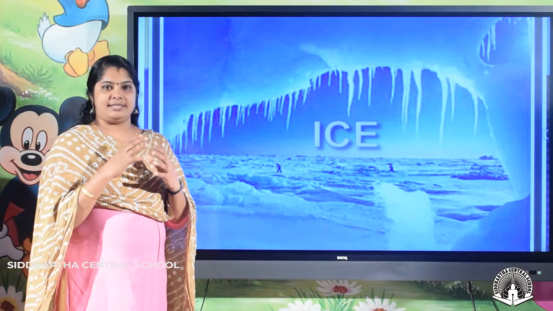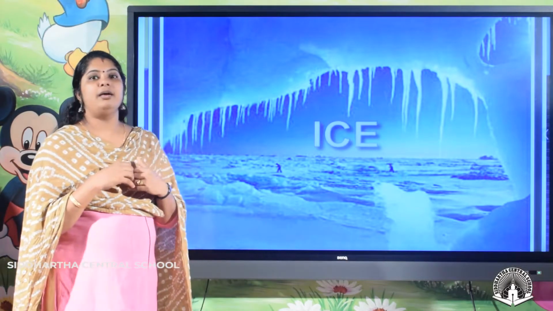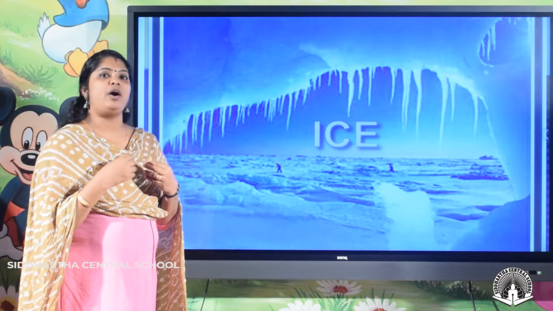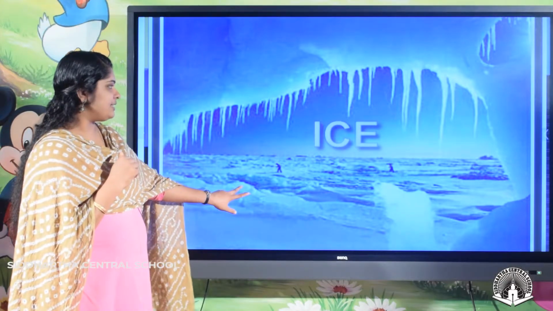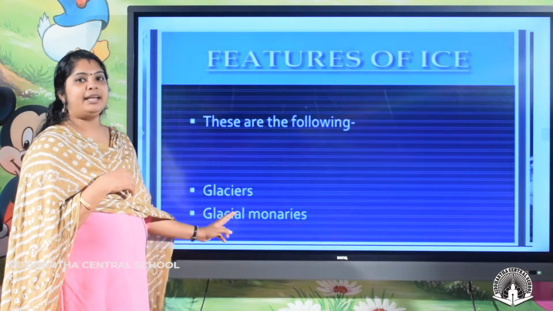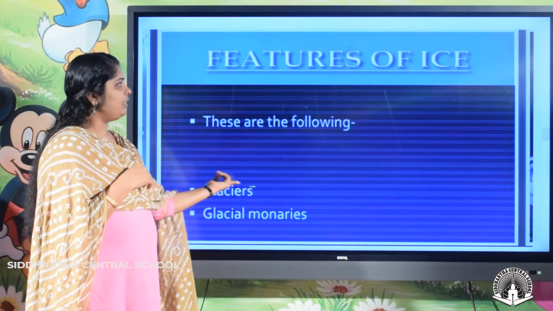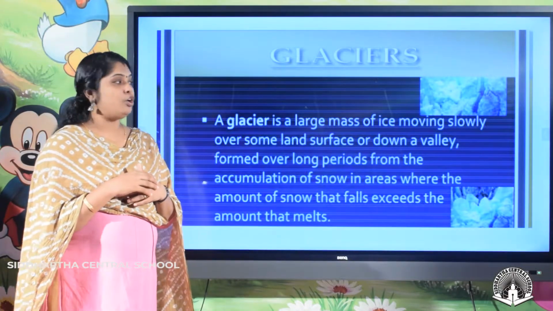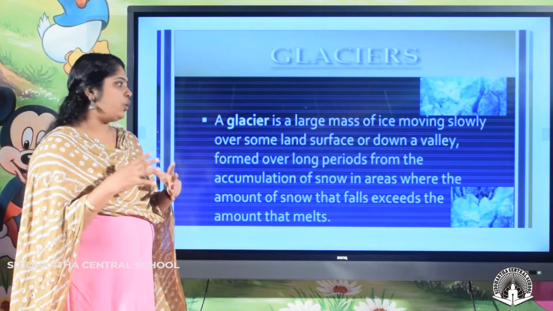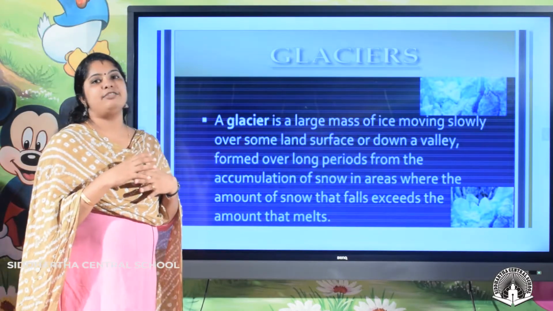Now, ice. Big, massive pieces of ice also create some features on the earth's surface, for example, glaciers and glacial moraines. What are glaciers? Glaciers are large masses of ice moving slowly over some land surface or a valley.